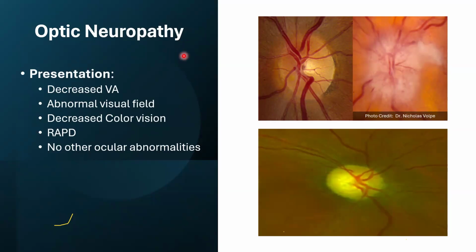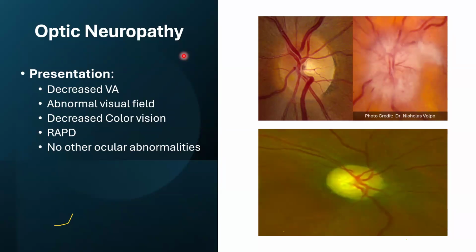So patients with optic neuropathy will present with decreased visual acuity and/or abnormal visual field and/or decreased color vision, and a relative afferent pupillary defect. All patients with optic neuropathy should have a relative afferent pupillary defect, whether it's mild or very obvious, and no other ocular abnormalities that can explain the decreased vision.